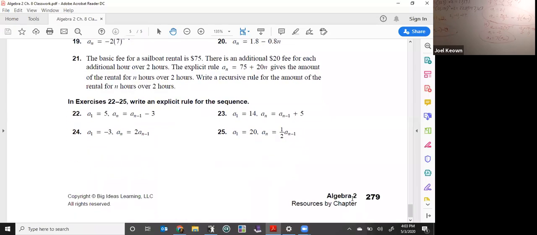Okay. Well, in the last section, it tells me to write an explicit rule for the sequence. So now it gives them to me as recursive, and it wants the explicit.